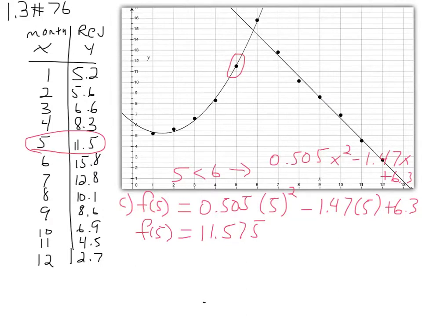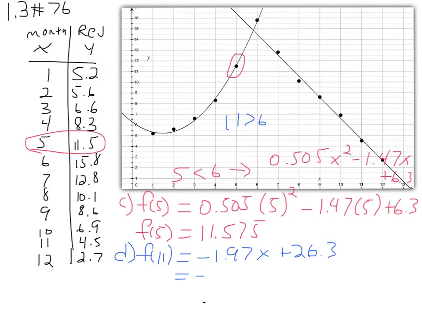Now, the next one, part D, says find f of 11. Well, 11 is greater than 6, so we want to use the linear piece. The linear piece says negative 1.97x plus 26.3. Instead of the x, we want to use 11 there.